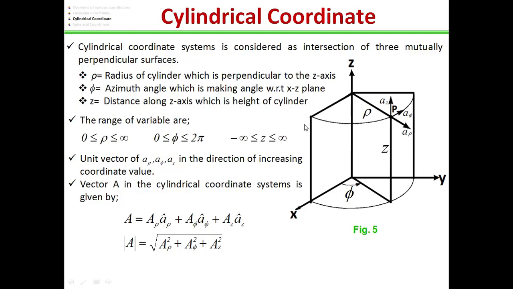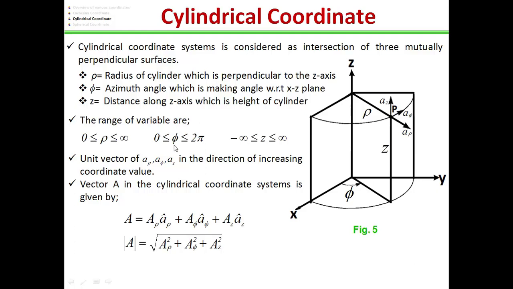Basically, this is the xz plane and the angle phi is made from this plane, or you can also say phi is the angle from the x-axis, and z is the distance along the z-axis, which is basically the height of the cylinder. Rho, that means the radius of the cylinder, varies from 0 to infinity, because the radius of a cylinder cannot be negative, so the minimum value will be 0 and the maximum value can be infinity.